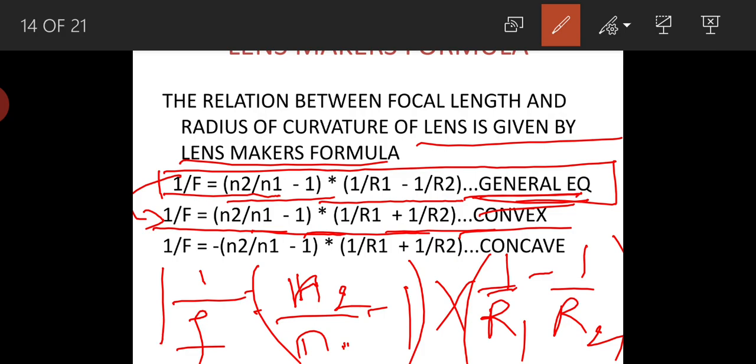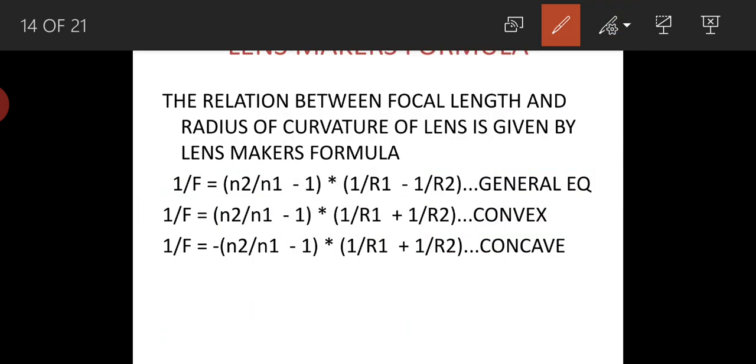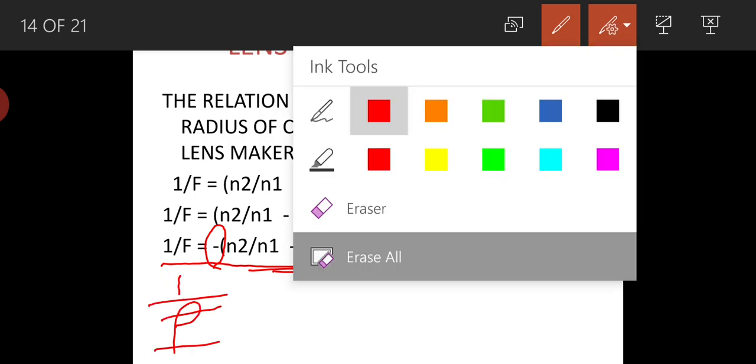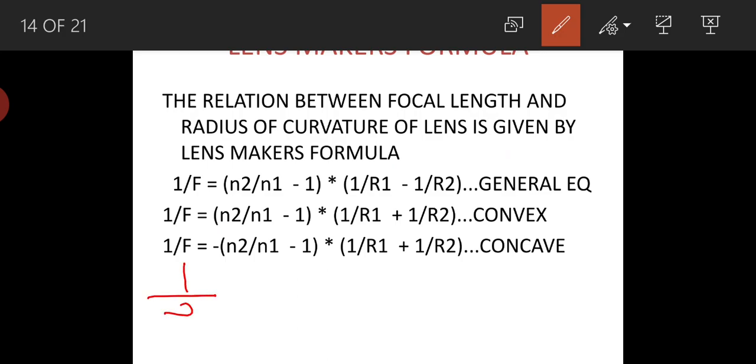Whereas for a concave lens, the formula is the same as that of the convex lens, that is (n2 by n1 minus 1) into (1 by r1 plus 1 by r2), but in front of this formula there will be a minus sign, indicating that the focal length will be negative for a concave lens.